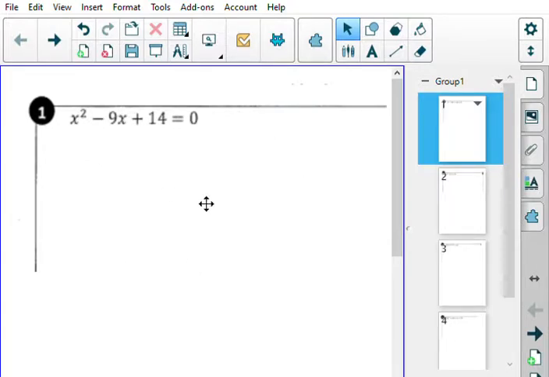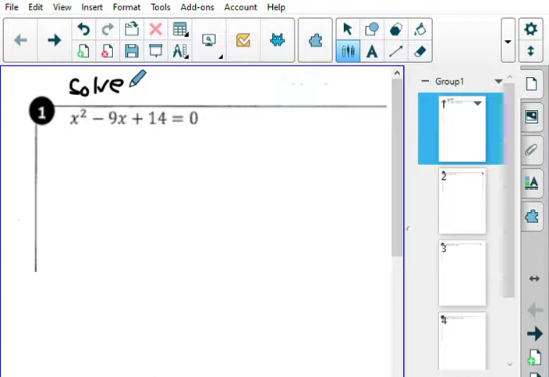Okay, so we can use what we have here in our notes as our example. If we look here at this first problem, we have x squared minus 9x plus 14 equals 0. If I just ask you a problem like this on a test or a quiz, or you see any sort of thing where it says solve, I don't care which method you use.